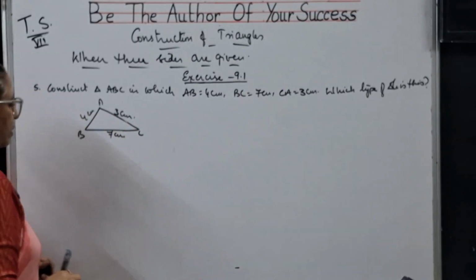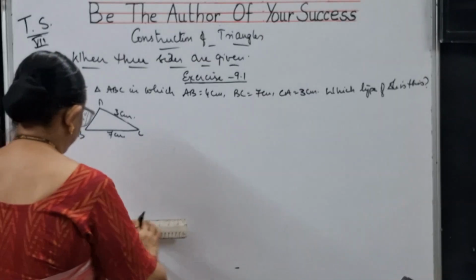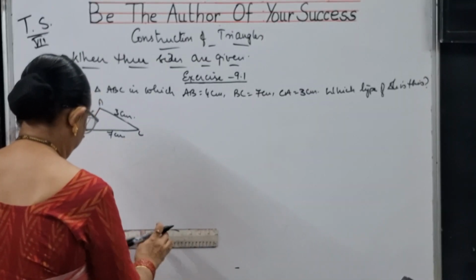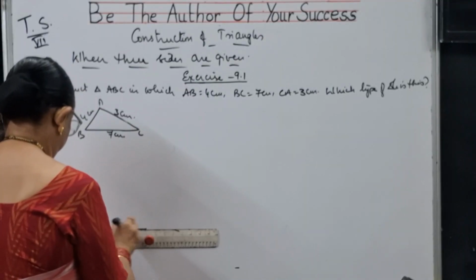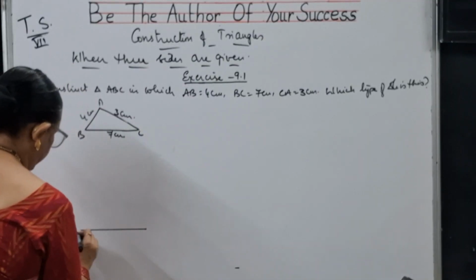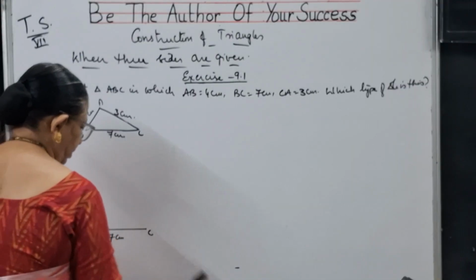So this triangle I should draw. So first let me take BC 7 centimeters. B and C 7 centimeters.